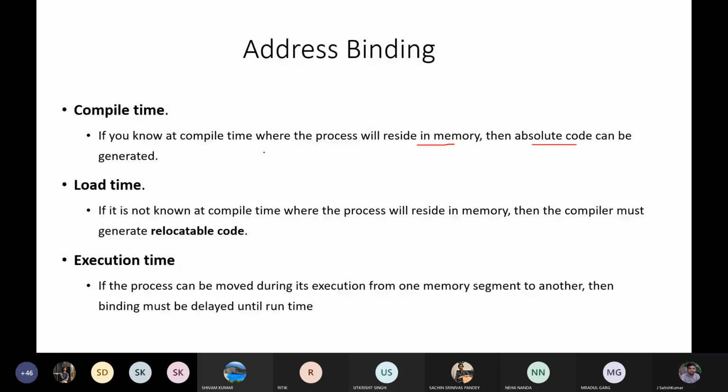During load time, if the compiler is not able to generate code that resides at a fixed memory location, it will generate relocatable code. If it is relocatable code, it can be moved from one memory segment to another, and binding happens during runtime, which is delayed slightly because of relocation. So let us now try to understand relocation.